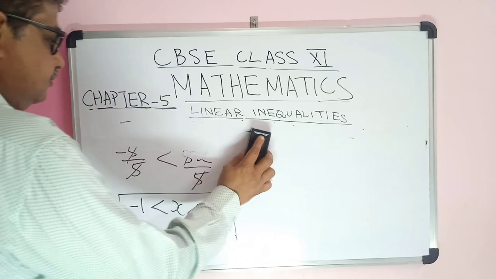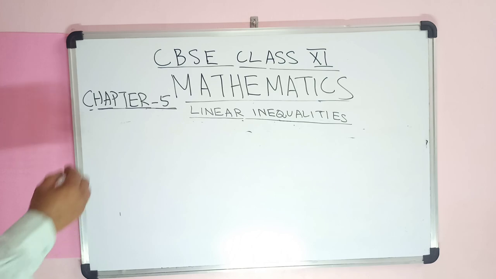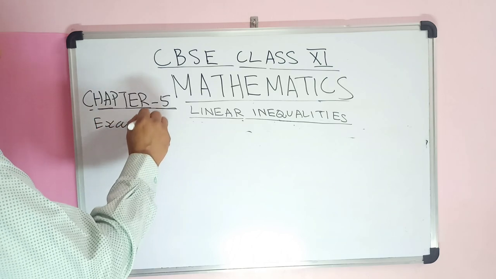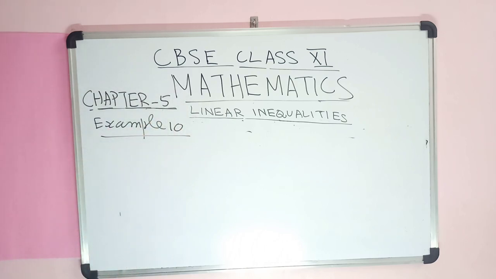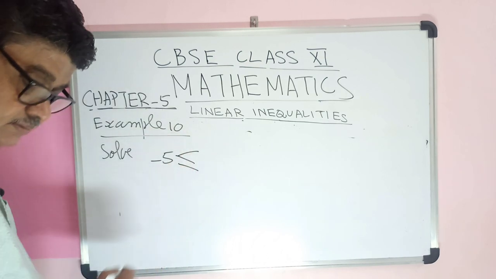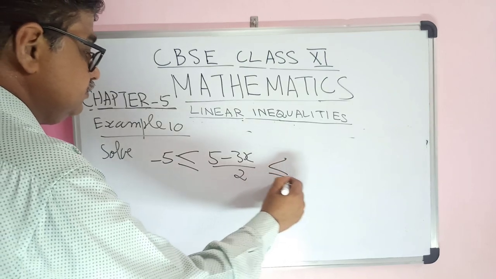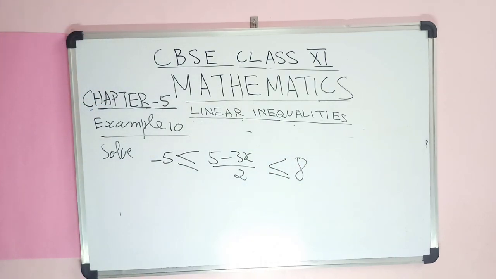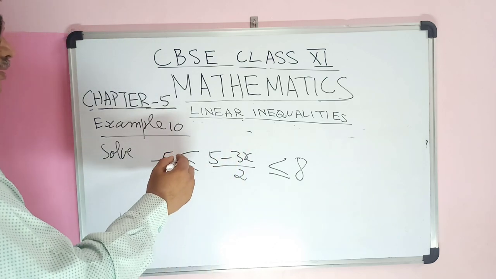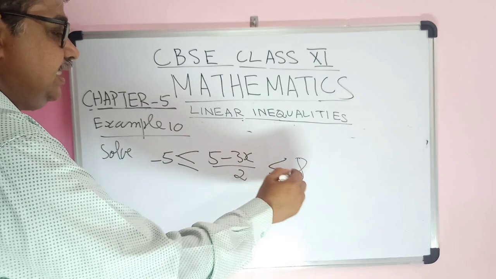Then example 10. Solve minus 5 less than or equal to (5 minus 3x) by 2 less than or equal to 8.